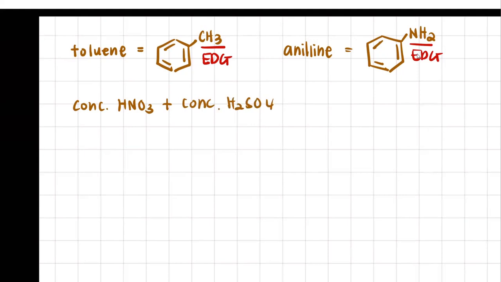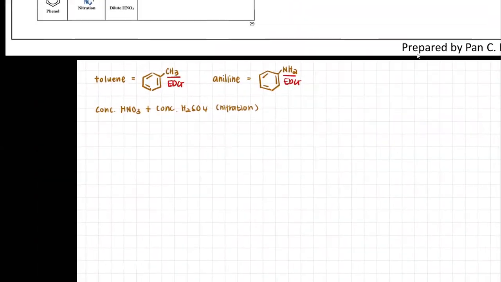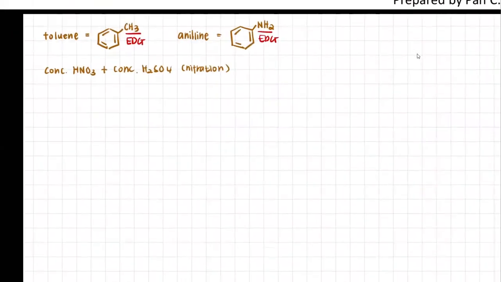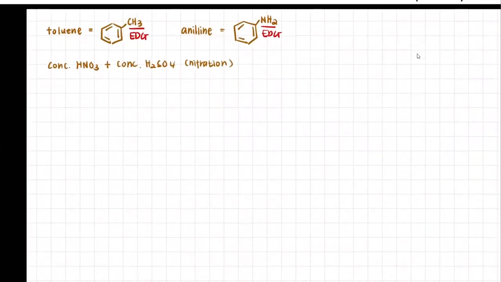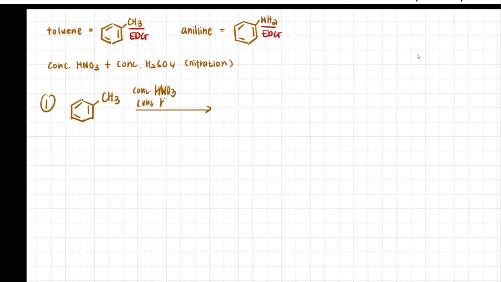So these reactions actually are nitration reactions. So what can we observe? Let's react toluene first. Toluene reacts with concentrated HNO3 and also concentrated sulfuric acid at 55 degrees Celsius.